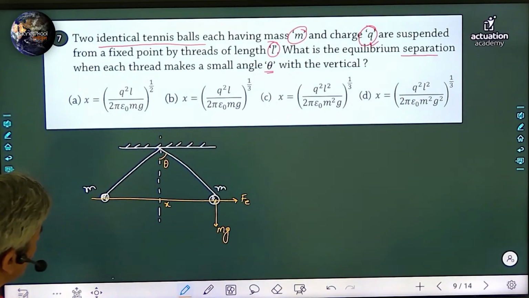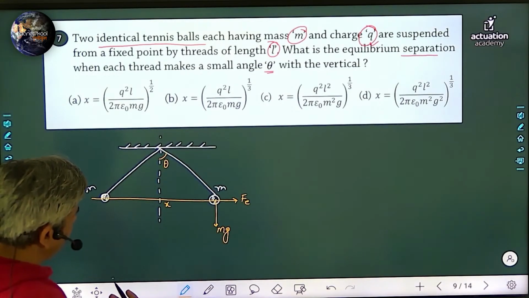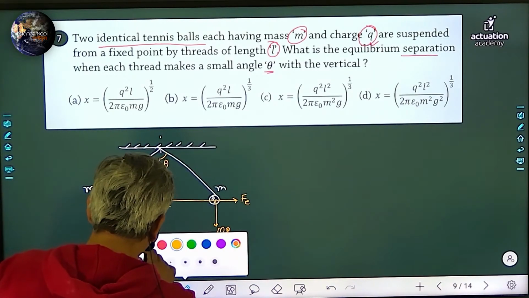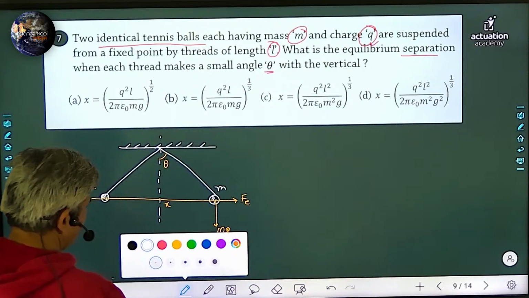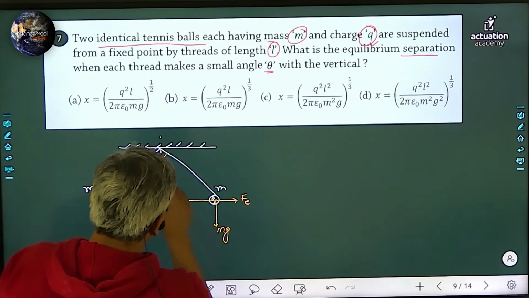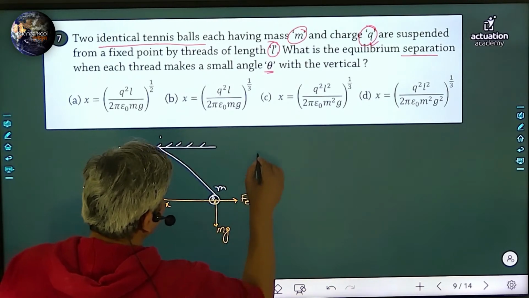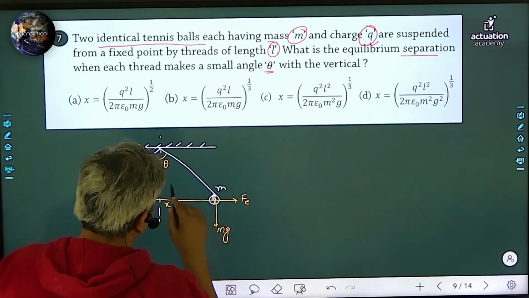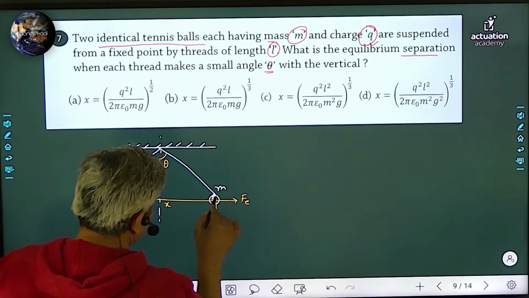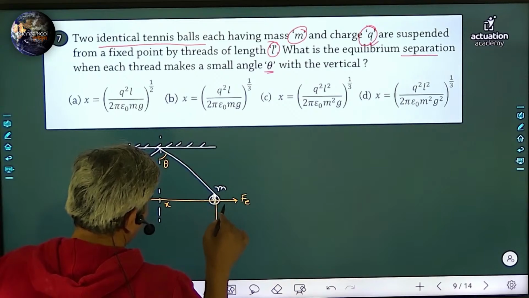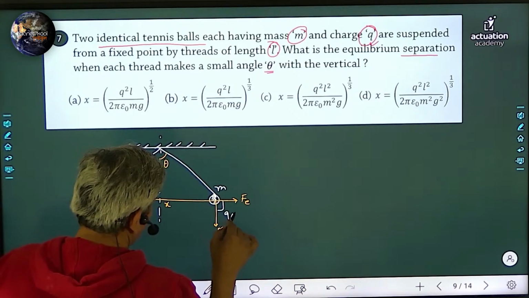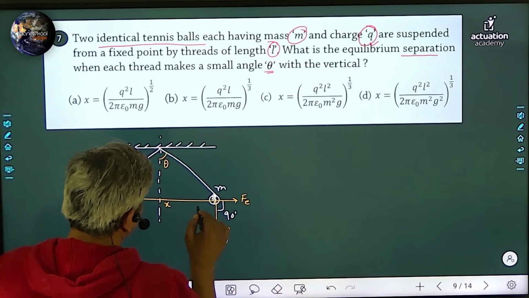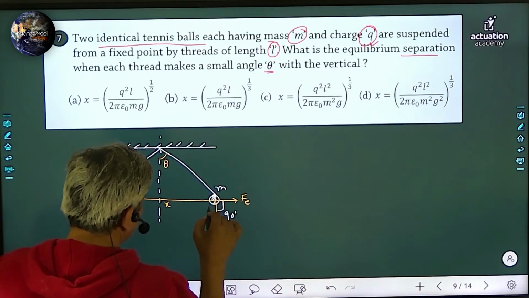Now using Lami's theorem, we can easily write, if this is theta, and this is 90 degree, then this is 90 minus theta.